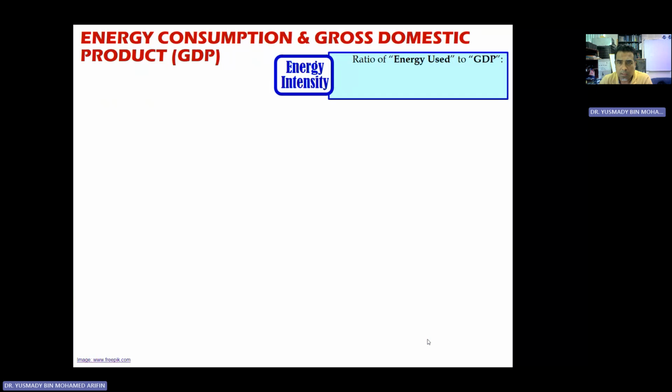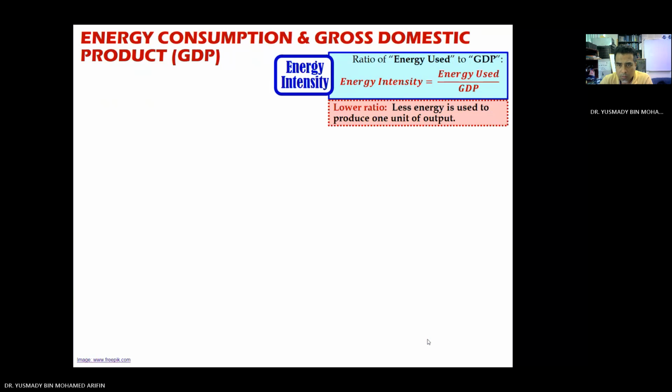Energy intensity is the ratio of energy used to gross domestic product. In terms of formula, energy intensity is equal to energy use divided by GDP. A lower ratio value means that less energy is used to produce 1 unit of output.